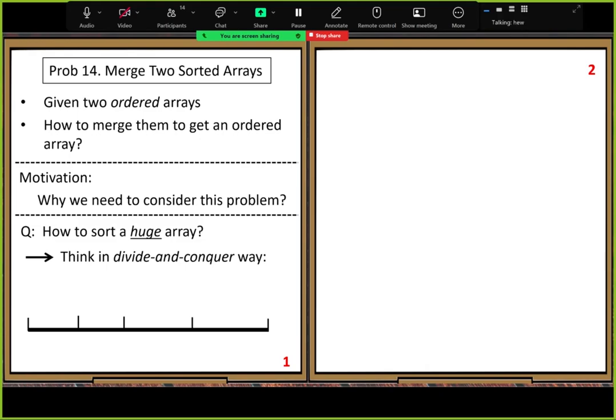I assume I will break it into several pieces, smaller subarrays. Each small subarray, we can load into main memory easily.